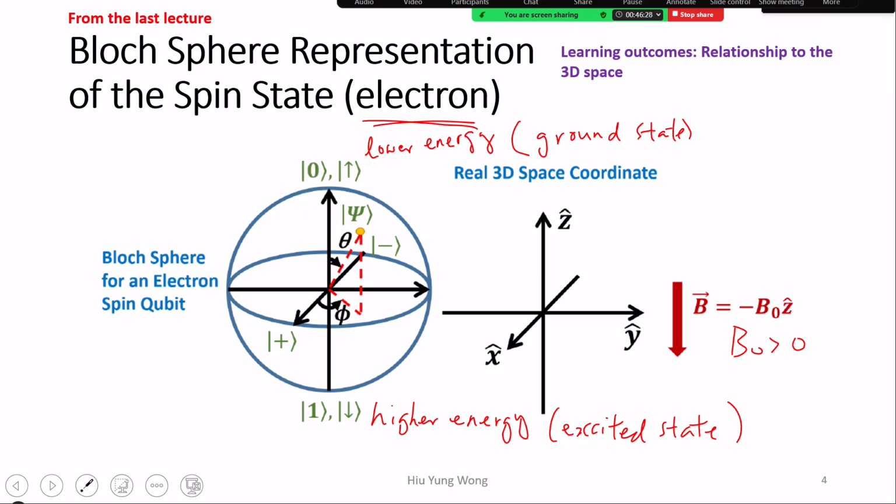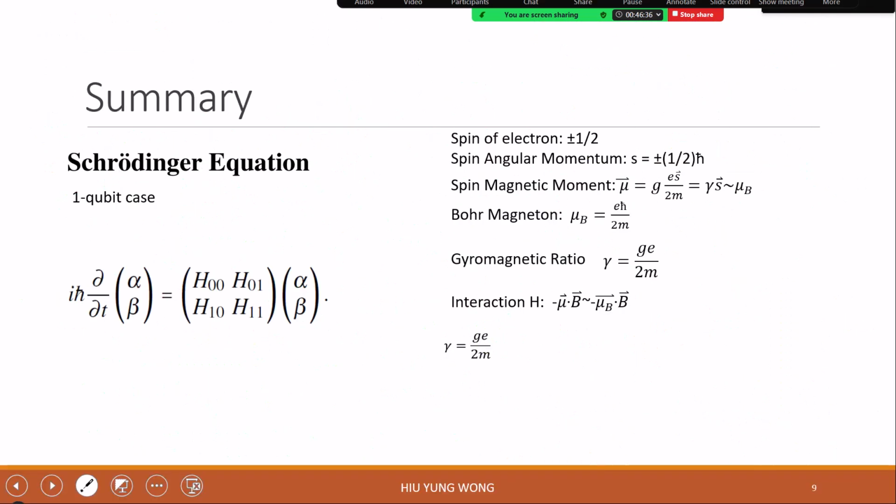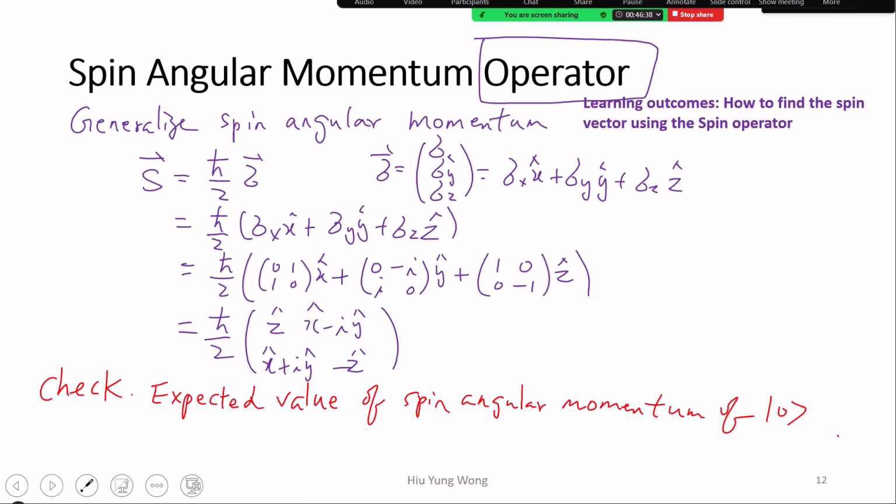Right? Then what is the expectation value of the spin angular momentum? If it's spin up, then what will be the angular momentum? It should be pointing up or down. It's spin up, so of course it's pointing up, right? That's the definition.